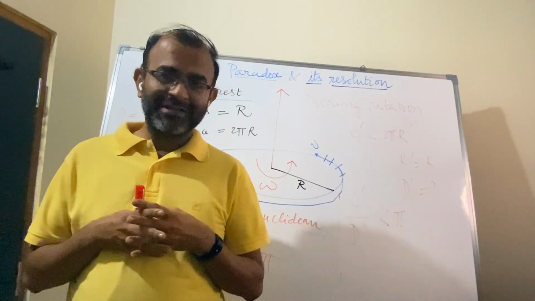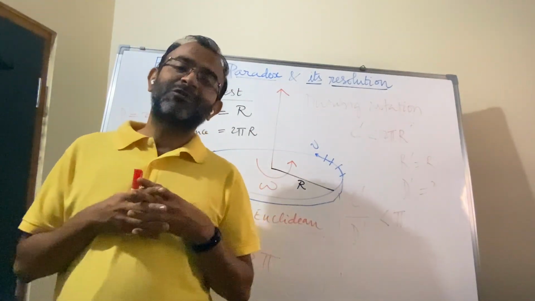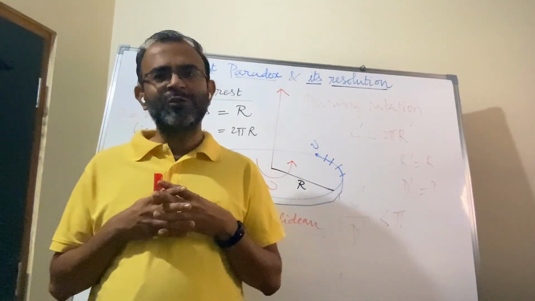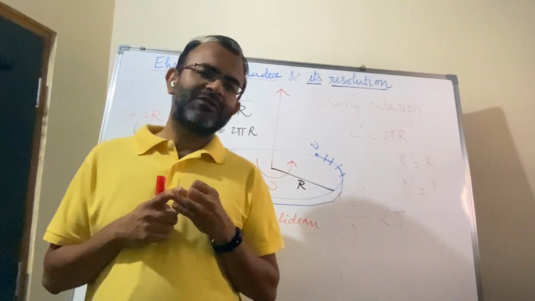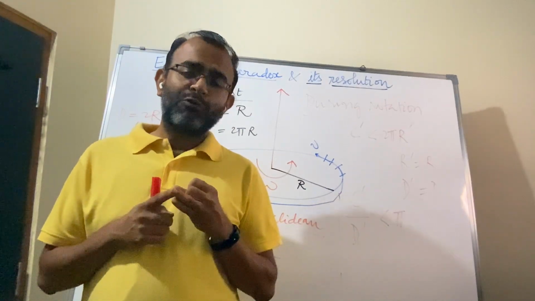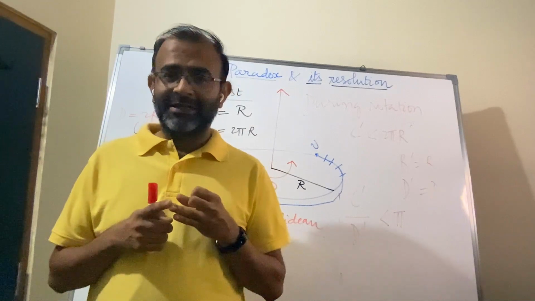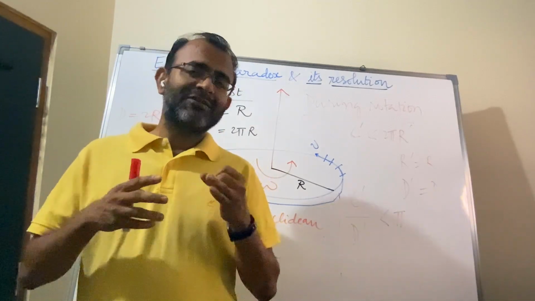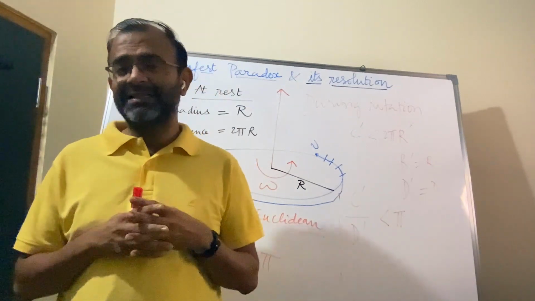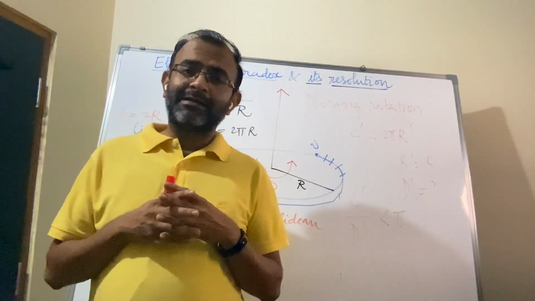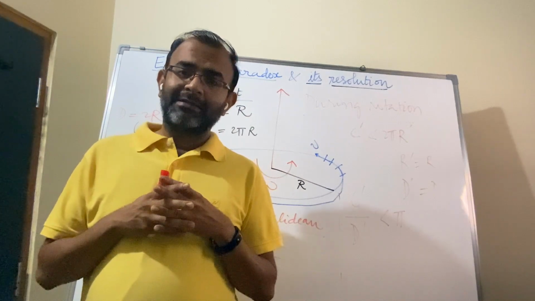Some of these postulates include: Euclid's first postulate is about the shortest distance between any 2 points on a plane, and it is a straight line. Euclid's second postulate is about the extension of this straight line, that is, any straight line can be extended to infinity. Euclid's third postulate is about the circle.